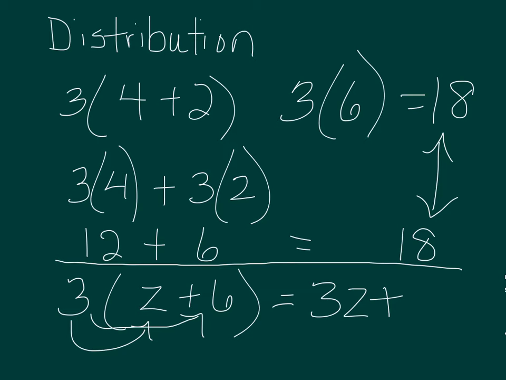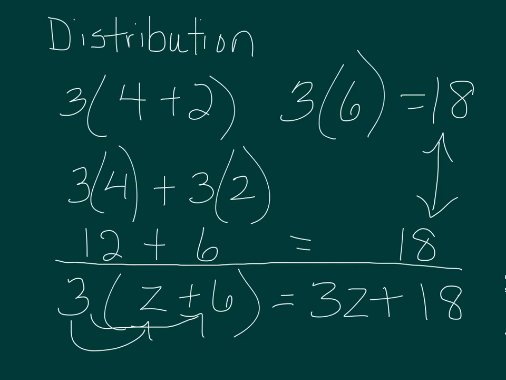So 3 times 6 is what? 18. So this original expression, 3 times z plus 6, using the distributive property, we distribute the 3 to the z and to the 6. So now we have an expression without any parentheses.